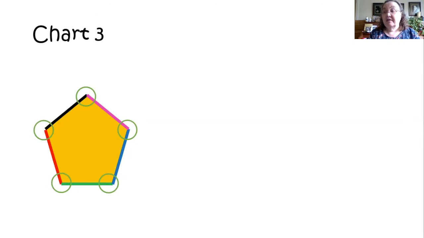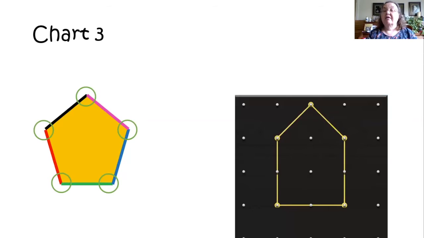Can we make another one? But it has to look different than that. Here's mine. I made it on the geoboard. Let's see if I have 5 angles and 5 sides. 1, 2, 3, 4, 5.